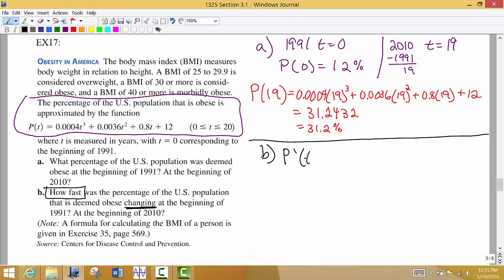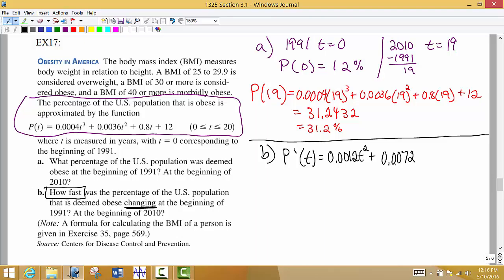I'm going to find the derivative of our function, using the power rule. Now we have some decimals, but that's okay, you have a calculator. So 0.0004 times 3, I'm going to multiply those values together, and reduce the power by 1, so it's t squared, plus 2 times 0.0036, and once again you can use your calculator here.